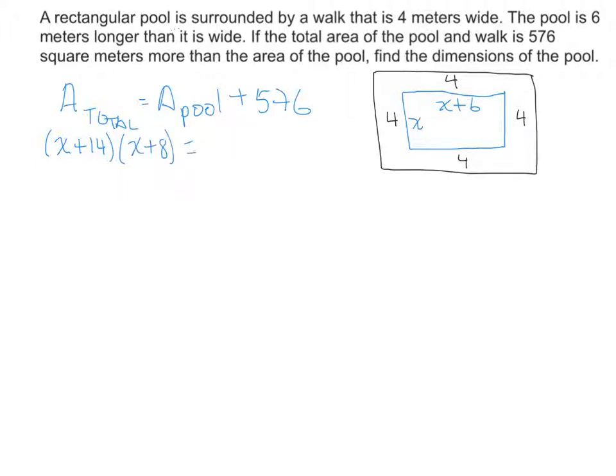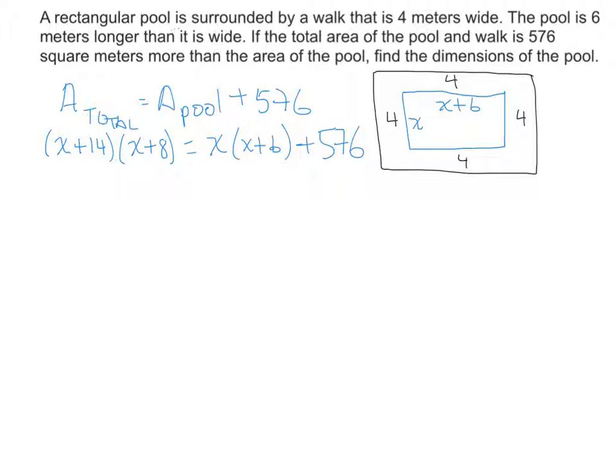Okay, and that's going to equal the area of the pool, which is x times x plus 6, and that's going to need to add 576 to get the whole total. So now what we've written is an equation that keeps track of the areas of each of these three shapes: the pool's area, the entire rectangle's area, and the knowledge that the walk must be 576 square meters.